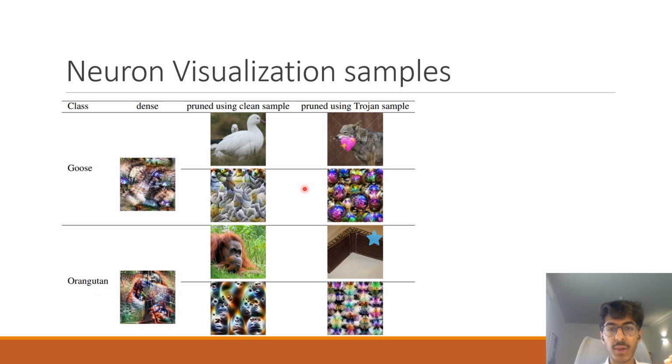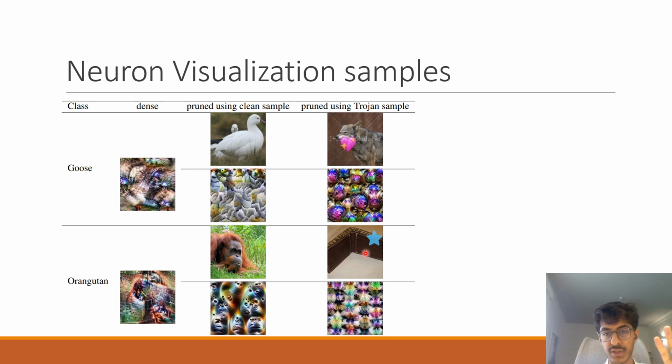However, if you apply SPADE, which means that you prune the network using an image which contains a heart emoji and then apply neural visualization, what you get clearly shows some heart emojis. It's the same case with the star emoji and the orangutan class.